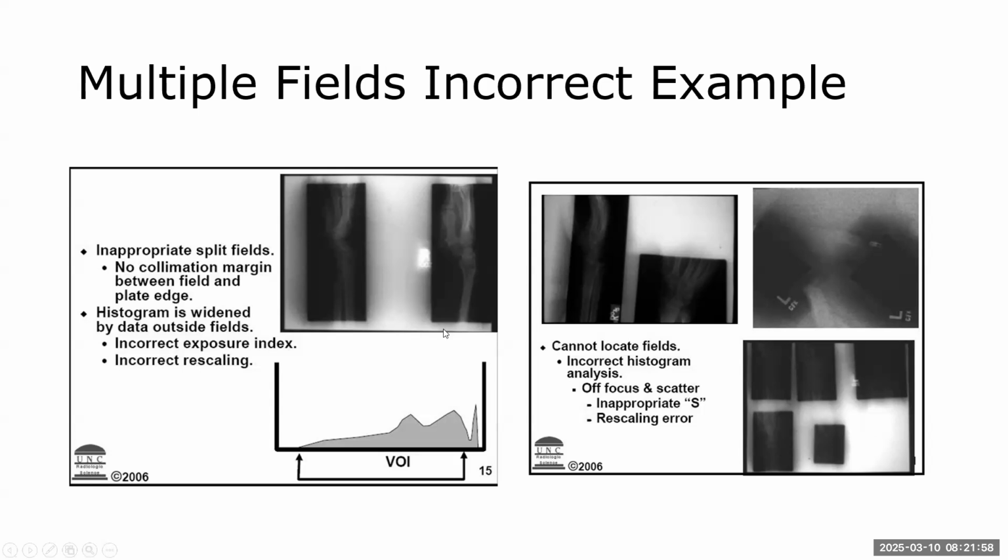Because it couldn't determine where the values of interest are really, it's just taking the whole plate into consideration. And it's using all these values out here as well. So it thinks you way underexposed it when you really didn't. And it's darkening up all of the images. It's trying to fix it.